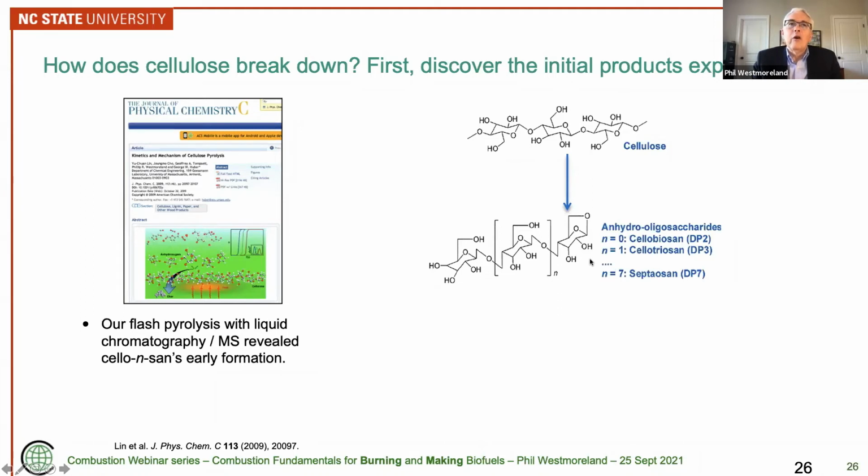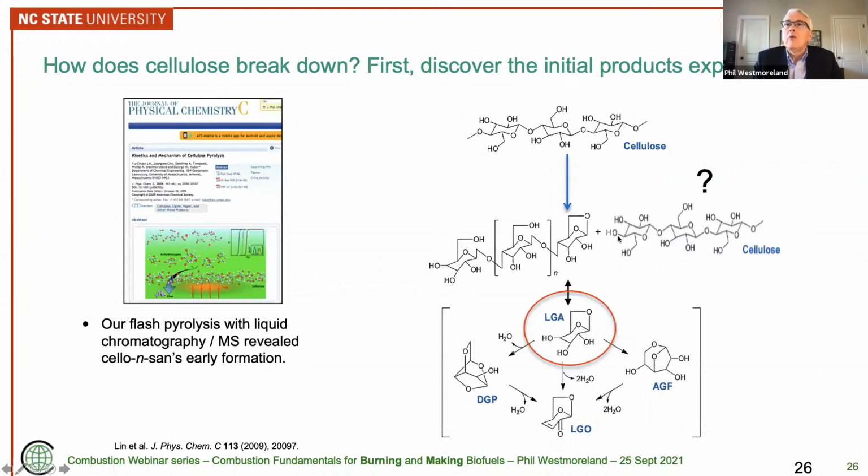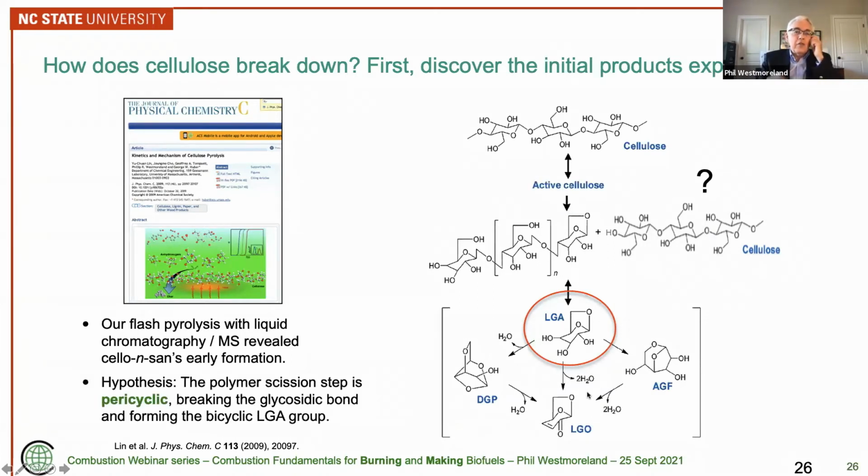So it's pretty natural for us in this paper to speculate that maybe this was a clipping of the longer chain, and that instead of having radical chemistry, we're doing some sort of molecular chemistry that would convert the bridging oxygen into a CH2O that's not bridging between parts of cellulose, but bridging within, that is levoglucosan, that can make other species and break down. So that was our hypothesis, that the scission step is not radical, but it's pericyclic.